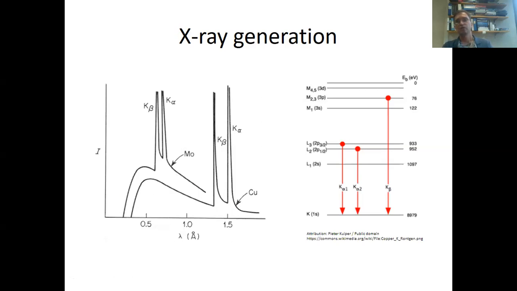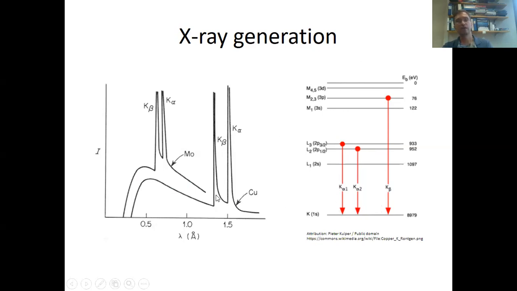Now, what do we mean by K alpha? By K alpha, we mean radiation from the transition of an electron from the L shell to the K shell. By K beta, we mean the transition from an M shell to a K shell. The energy difference between an M shell and a K shell is larger than the energy difference between an L shell and a K shell.